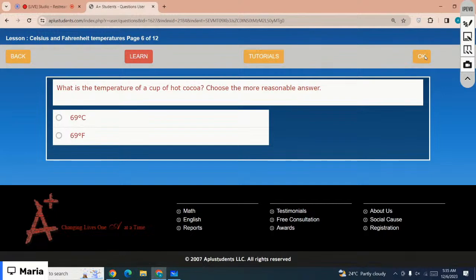What is the temperature of a cup of hot cocoa? 69 degrees C or 69 Fahrenheit.